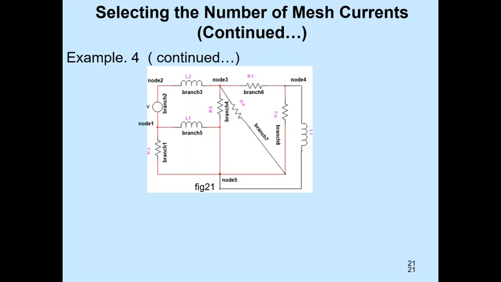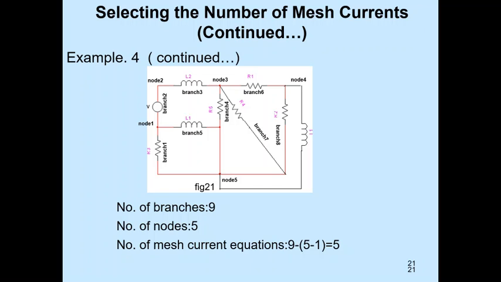At node 4, there is branch 6, branch 8 and L2. Like that, the number of branches is 9 and the number of nodes is 5. The mesh equations are 5, that is 9 minus 5 plus 1 is equal to 5 equations.